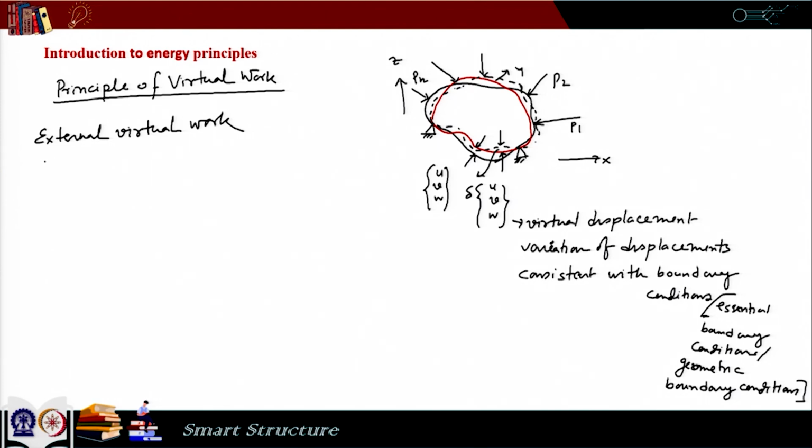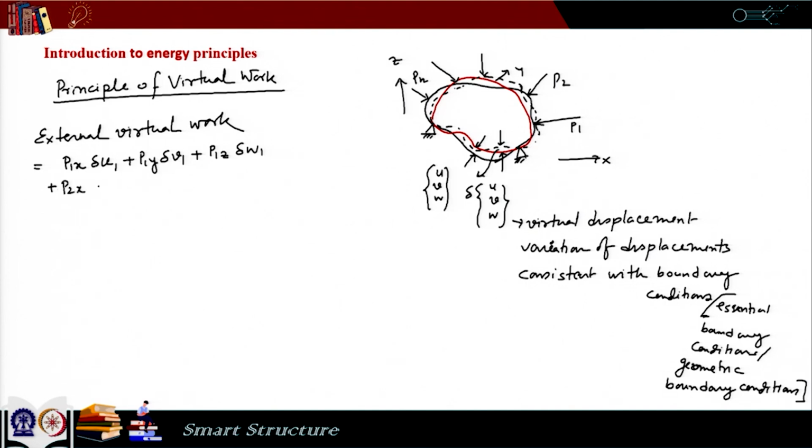So, the external virtual work is P1x, the component of P1 along x, multiplied by delta u at point 1 here. Please remember, we have written u, v, w and delta of u, v, w at different points, but when I am specifically saying at which point they are specified, I take a subscript, 1, which means at this point, plus P1y delta of v1 plus P1z delta of w1.